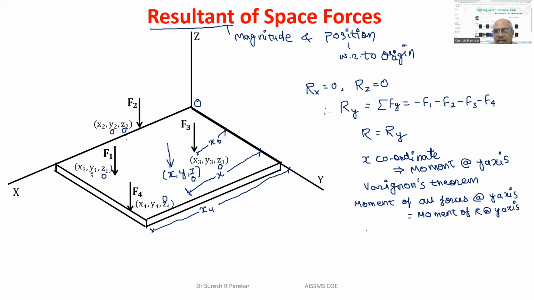Then what will I get? F1 x1 plus F2 x2 plus F3 x3 plus F4 x4, and that is equal to R into x.